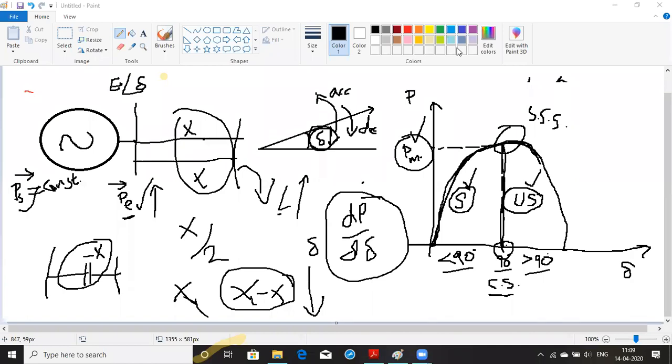How can we define the impedance angle? The impedance angle is beta, where Z is equal to R plus jX, and the impedance angle will be equal to tan inverse X by R. That is what we call the impedance angle beta, which depends on the transmission line itself. Sometimes in some textbooks they use theta.